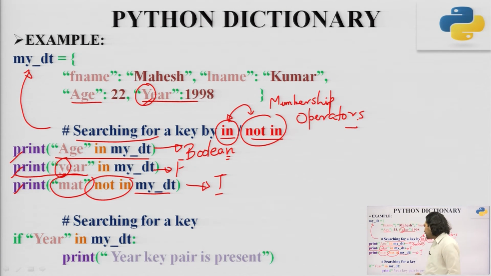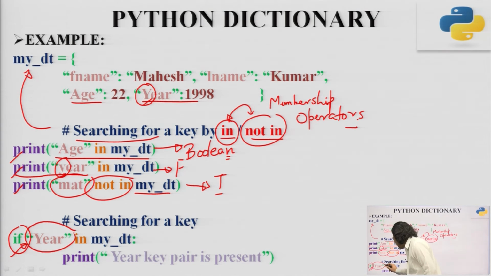Next, we are searching for a key by using the conditional statement. Here you can see that the conditional statement is represented by the if statement. In the upcoming lectures we are going to discuss this conditional statement. For now, just look at the sentence here, that we are confirming whether year is in myDT or not.